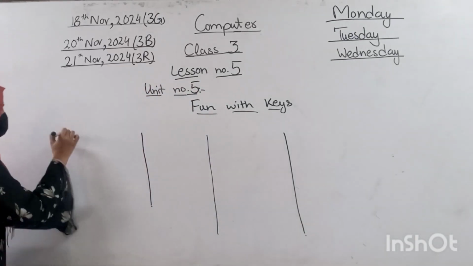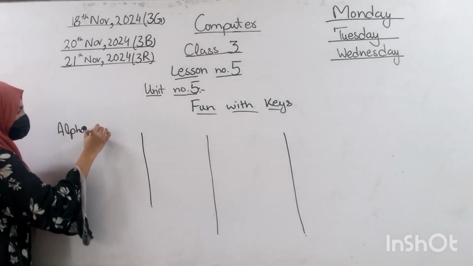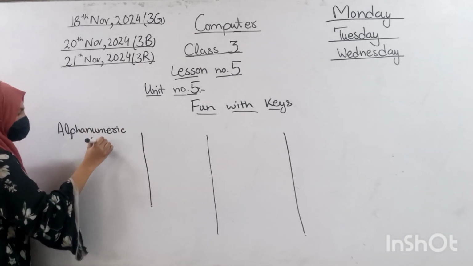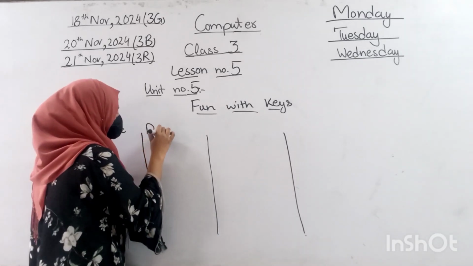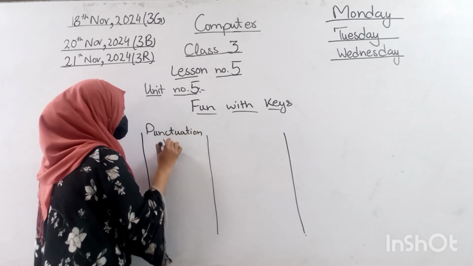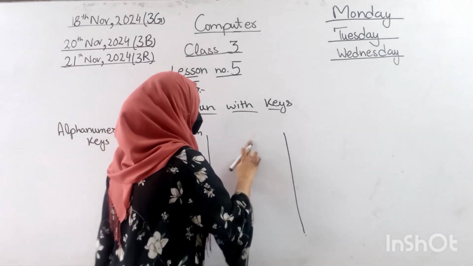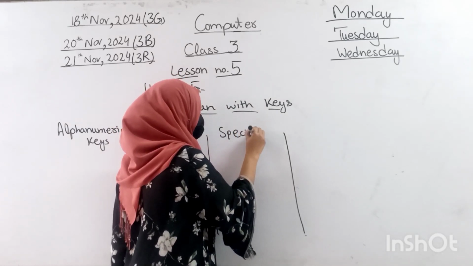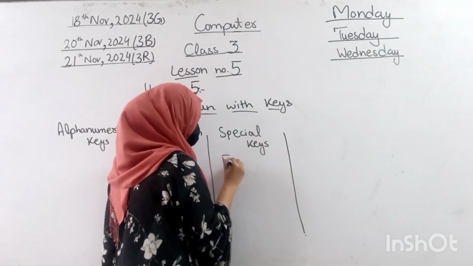The first one was alphanumeric keys. The second one was punctuation keys. The third one is our special keys. And our special keys also include function keys.